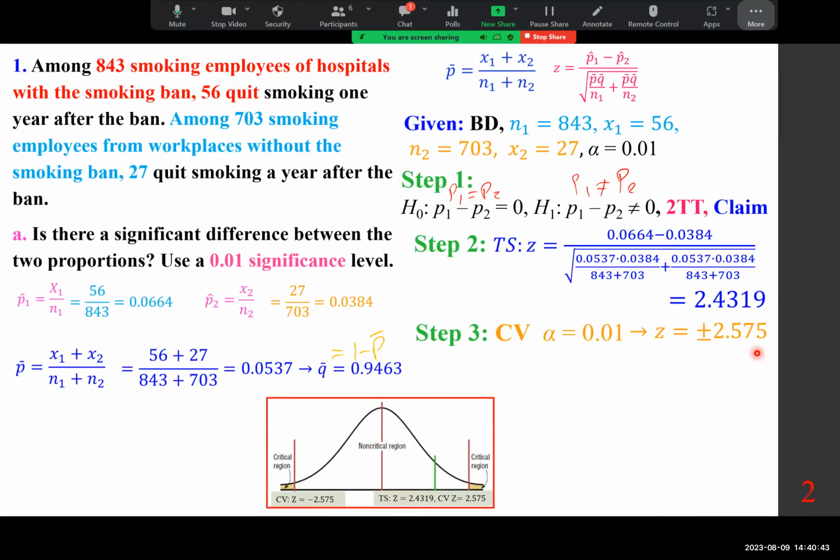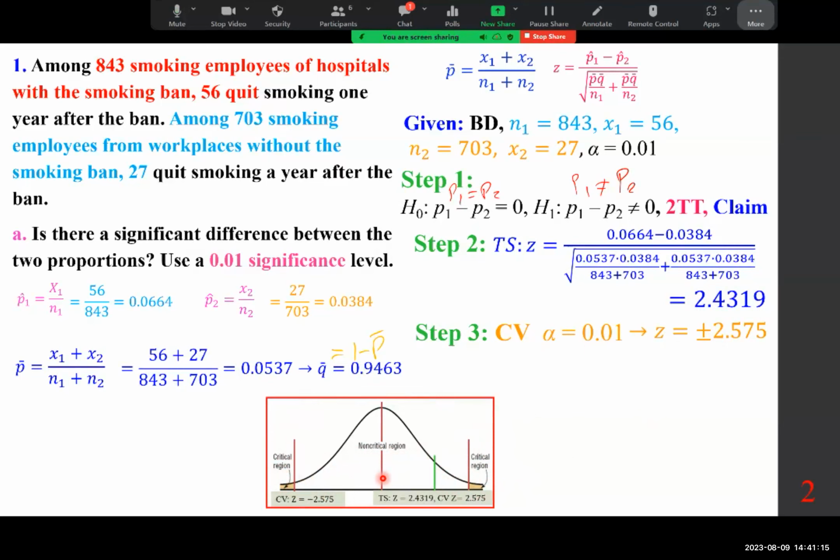So if you do the graph, and that's extremely important that you do the graph, we have minus 2.575 here, plus 2.575 here. And here's your test statistic, in the non-rejection region in between. The two tails are the critical regions or the rejection regions. This number, 2.4319, is somewhere in between.